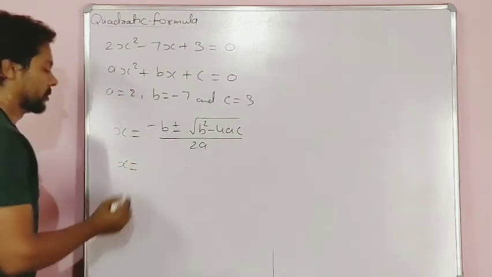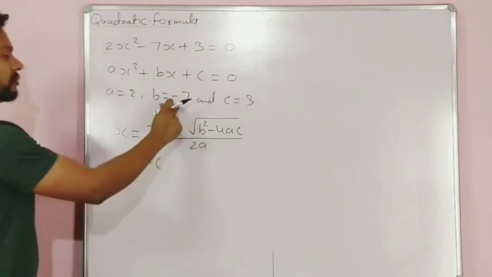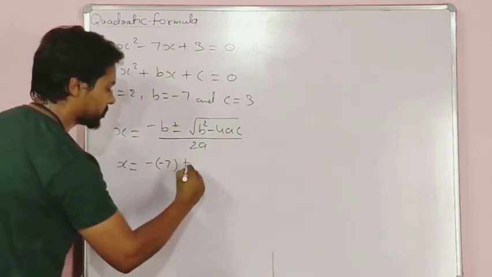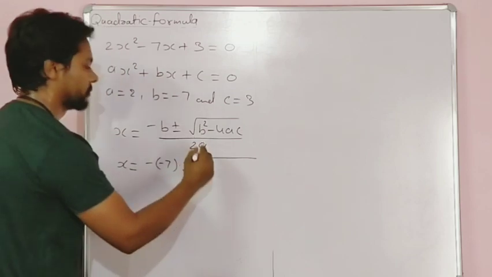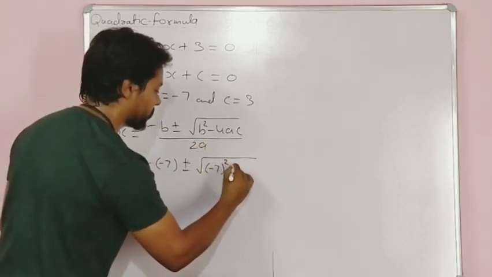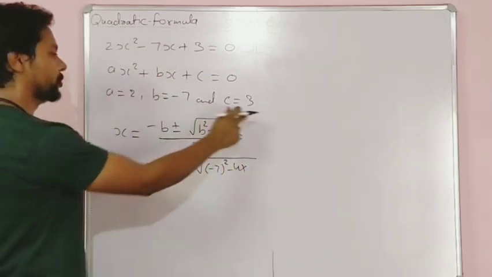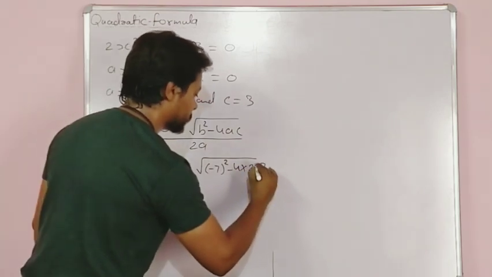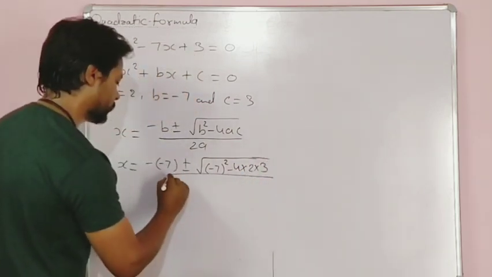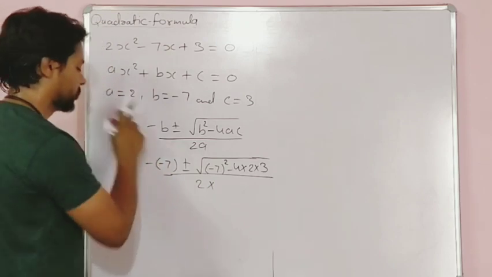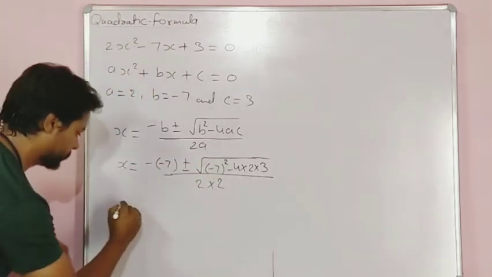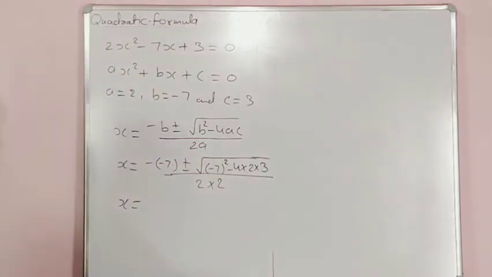x = -(value of b)... what is the value of b? -7. x = (-(-7) ± √((-7)² - 4·2·3))/(2·2).